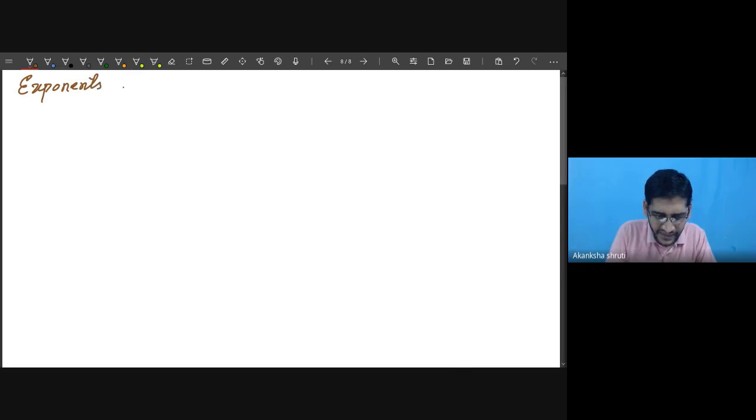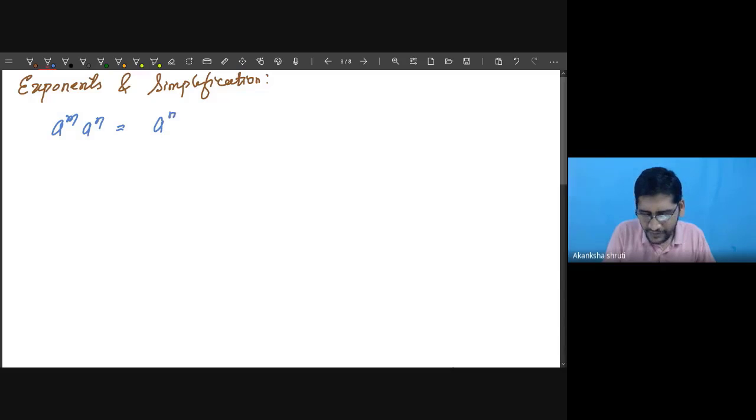For exponents and simplification, the various rules are like this. If we have a to the power m and a to the power n, then the product is a to the power m plus n.